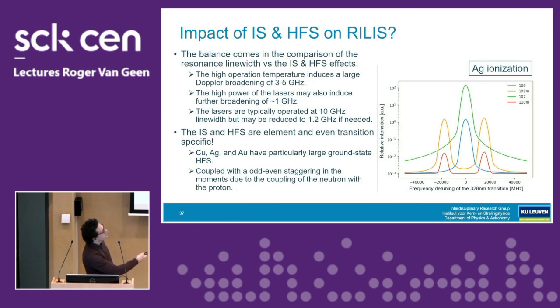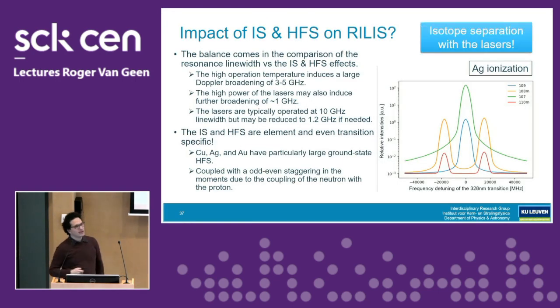And in the red and orange, they actually amplify, and you get this very large splitting. It actually means that if you set your lasers right, you can get isotope separation from working with the lasers only.